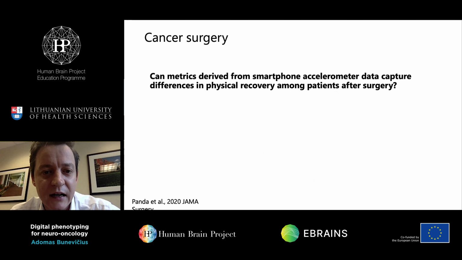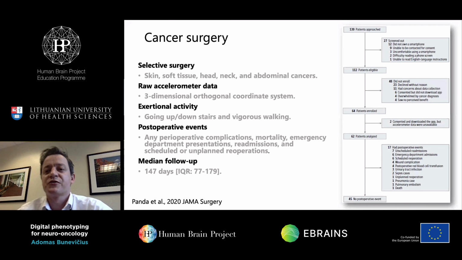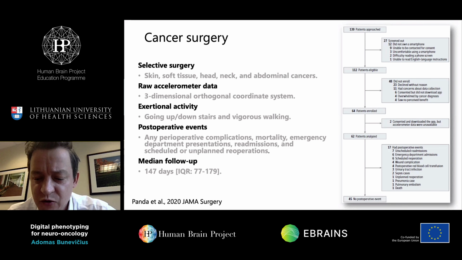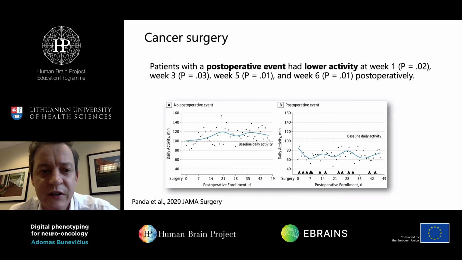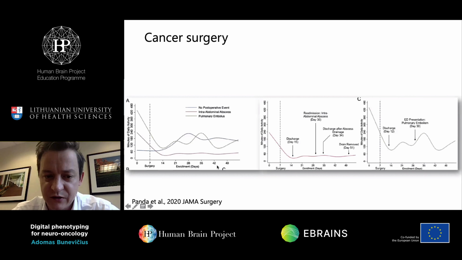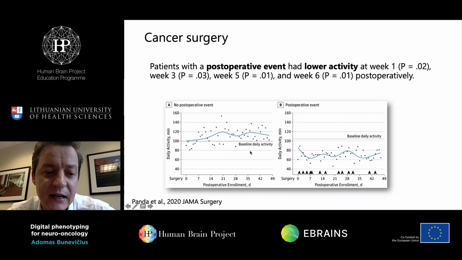There is also a larger study so far in surgical patients, 62 patients who underwent surgery for different cancers. They followed these patients for 140 days, and what they found is that patients who experienced post-operative events had lower baseline activity.